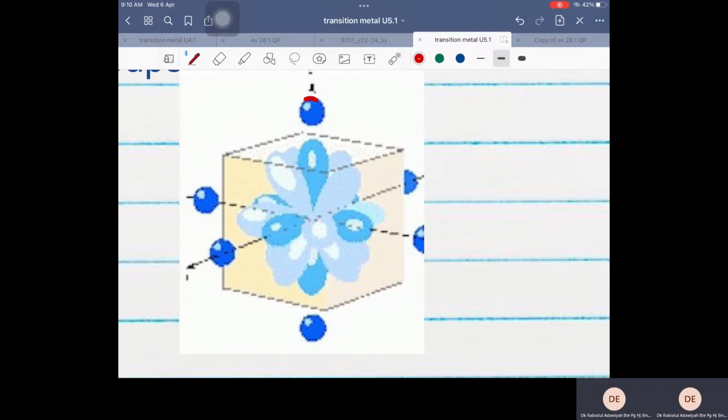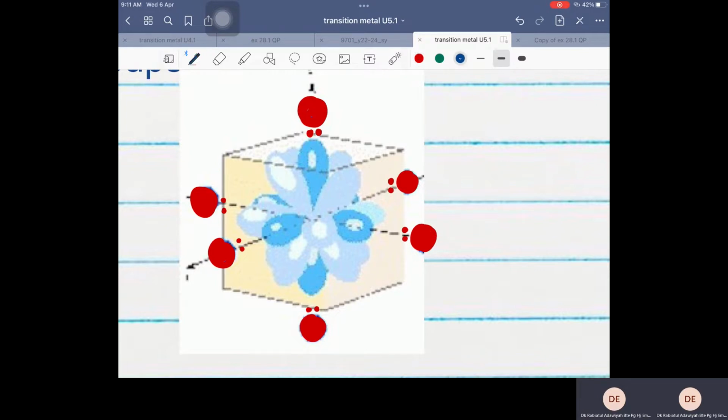So these 6 balls, blue balls, I'm going to change it to red. These are your ligands, whether it's H2O or ammonia, whatever, whether it's neutral or charged, I don't care, but I know that they contain a lone pair of electrons, because that's the criteria to be a ligand. They can donate.